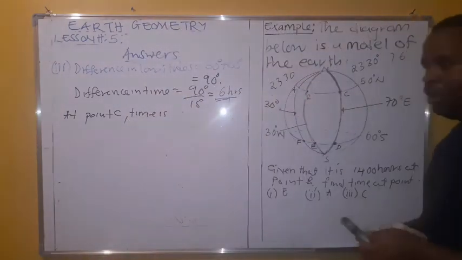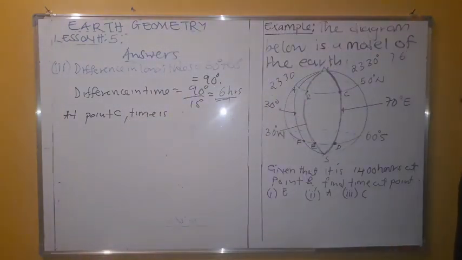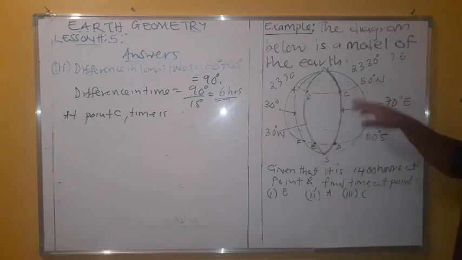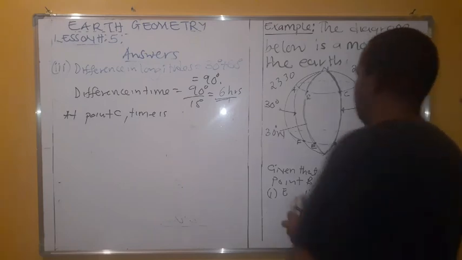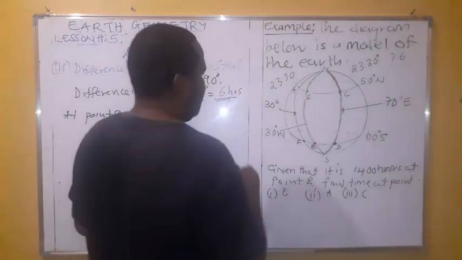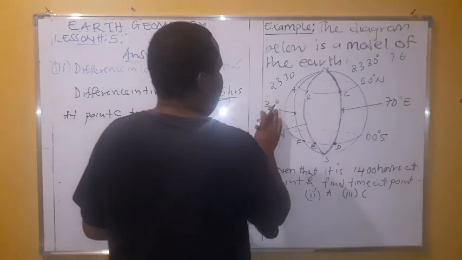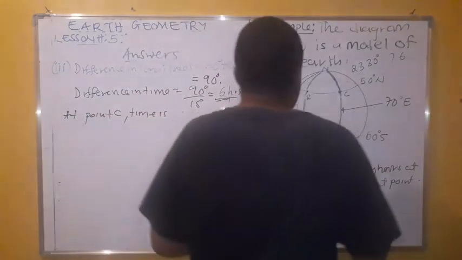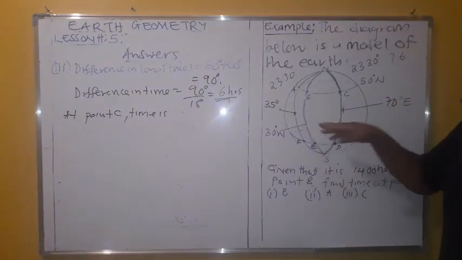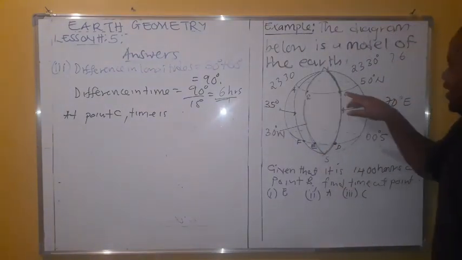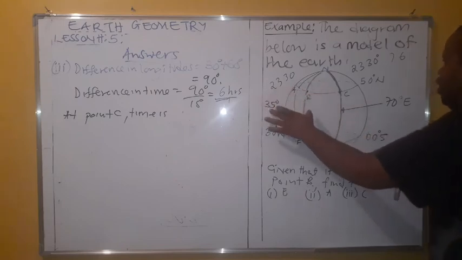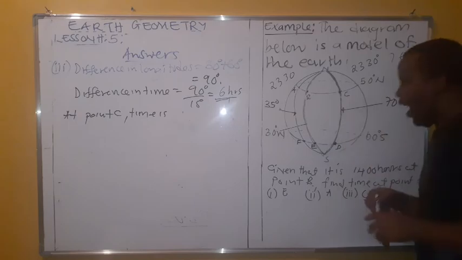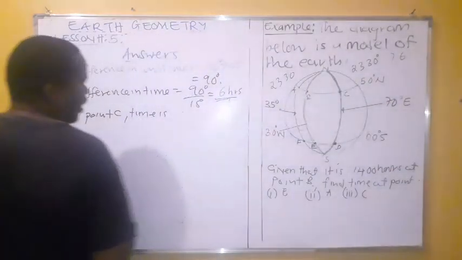So to find the difference in time between A and D, maybe for the sake of our illustration, let's say this is 35. So to find the difference in time between, for example, point A and C, you are going to get the difference in longitude, which is 35 and 70. When you add, you have got 105.